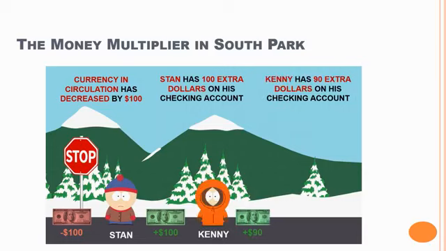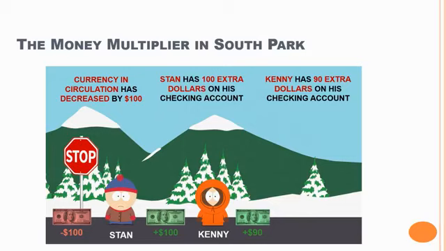So the second stage is Kenny has received $90 from Kyle and has deposited this amount at his bank, which was the South Park OMG Bank. Okay, so now Kenny has more money than before. He has $90 extra, which is an increase in the money supply. Initially, he didn't have this money, now he does. Not as cash, but as a demand deposit. So Kenny has $90 extra on his checking account.